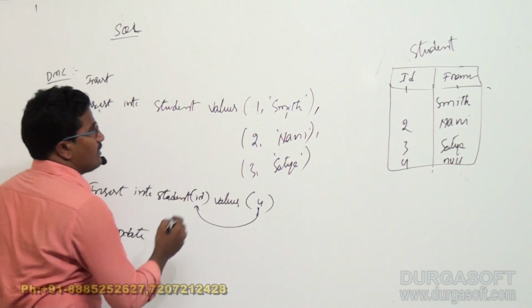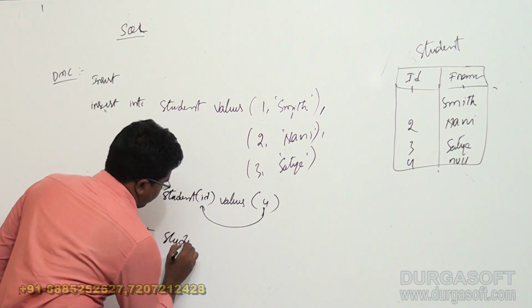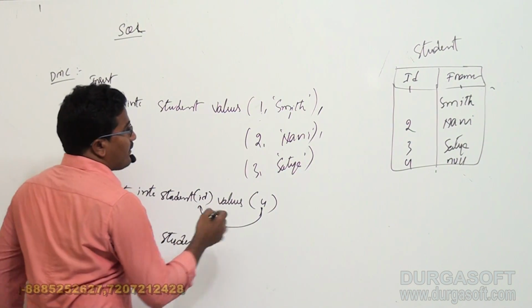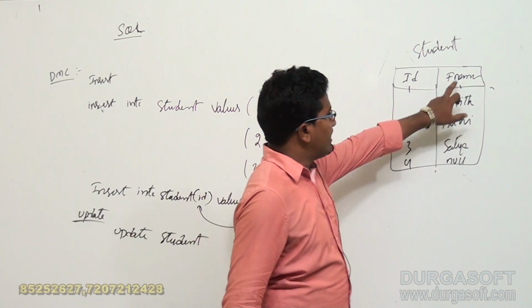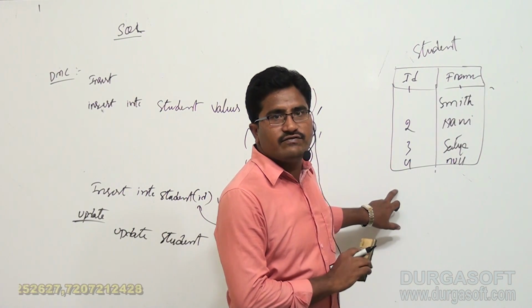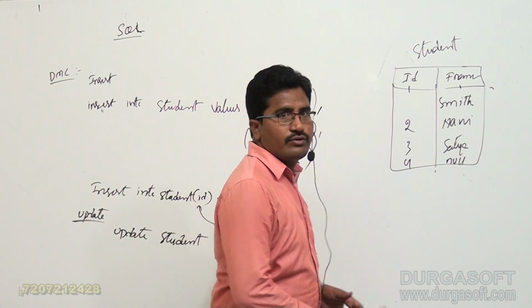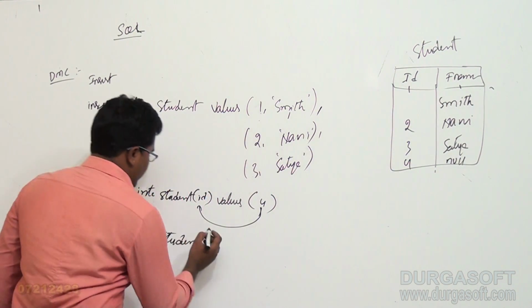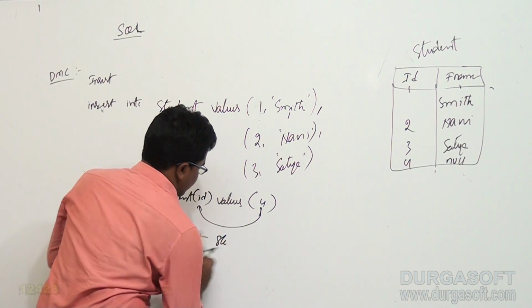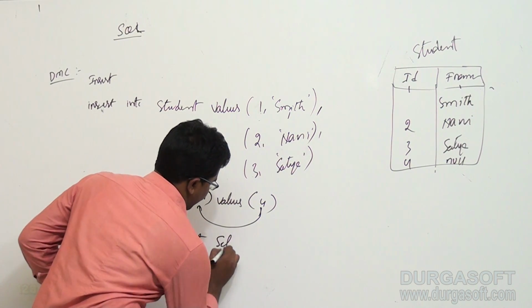Update. What is the table name? Student, right? So I want to set father name as Channa for ID 4. So update student set. What I want to set?